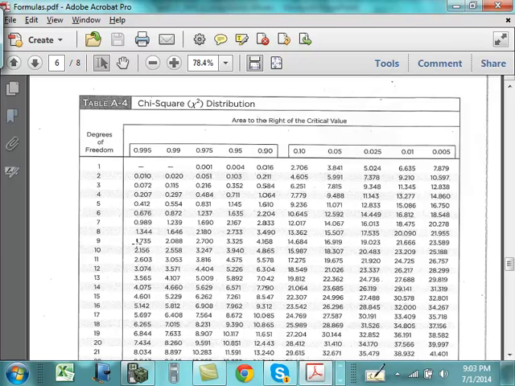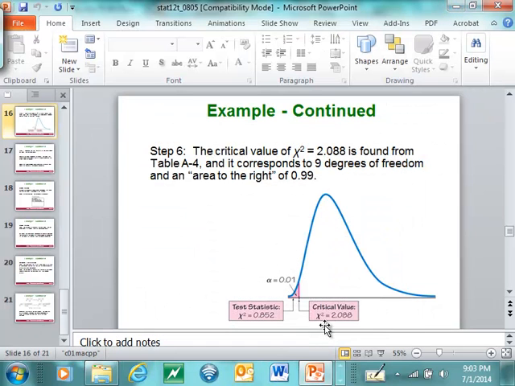And if we want alpha to be equal to 0.01 in the left tail, that means that we want an area of 0.99 to the right of that critical value. So that's why we're going to come down the second column down to 9 degrees of freedom, and you have 2.088. So 2.088 will be your critical value.